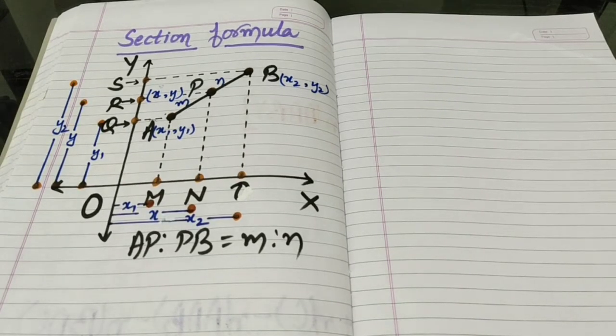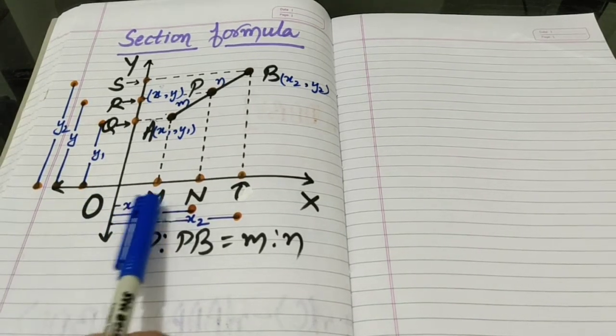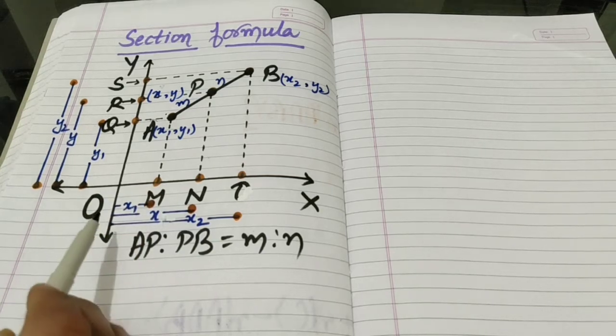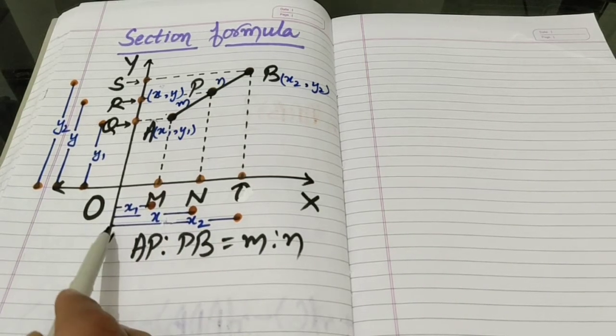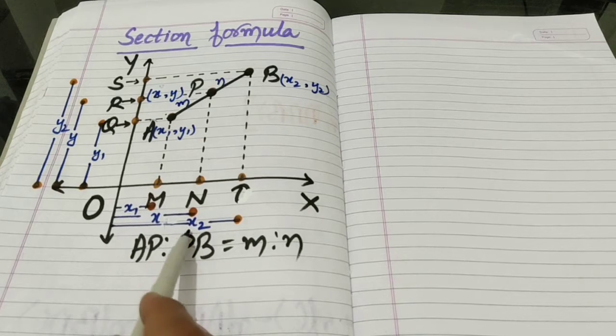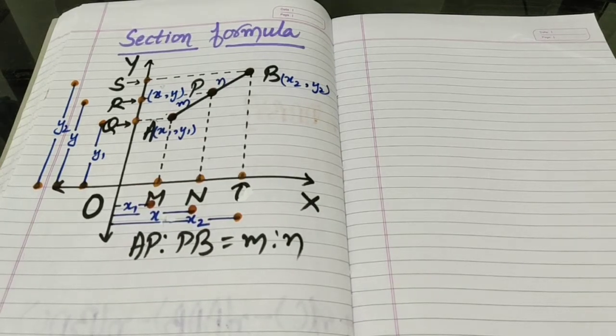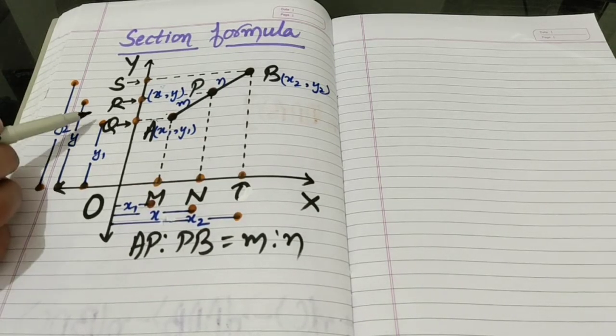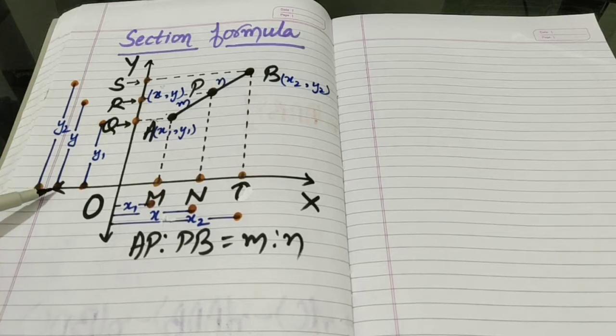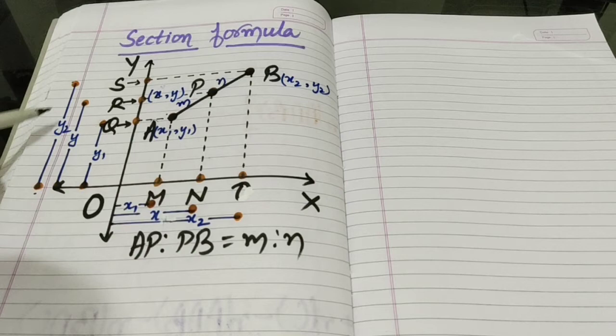Now it is clear that the length of OM is x1, that of ON is x and the length of OT is x2. In the same way, the length of OQ is y1, that of OR is y and the length of OS is y2.